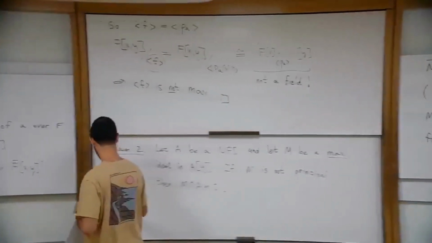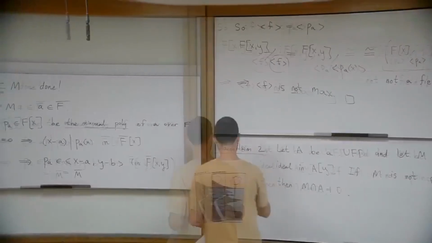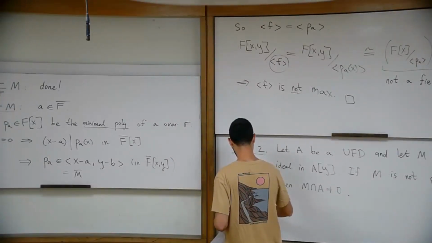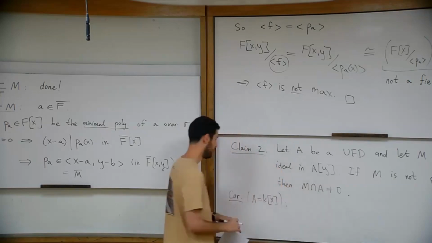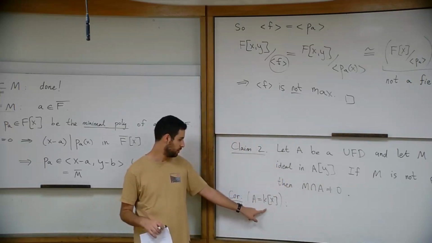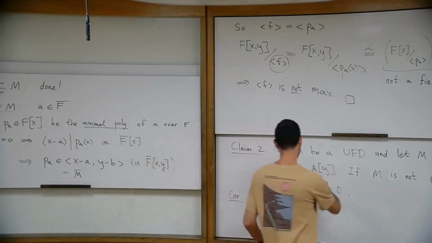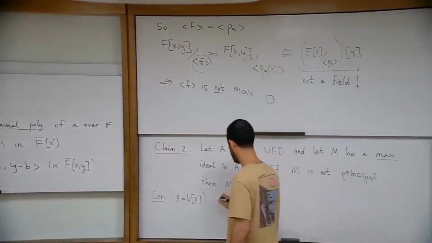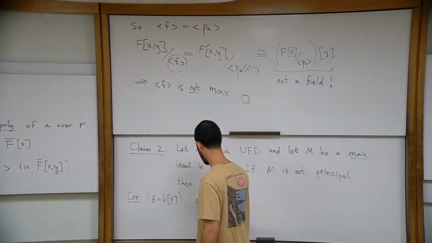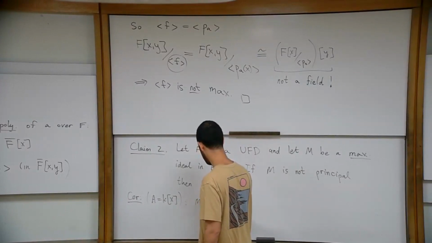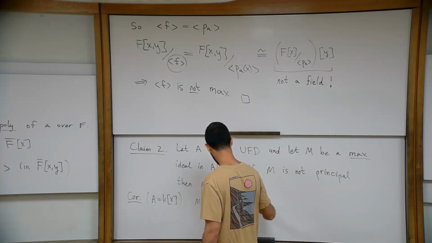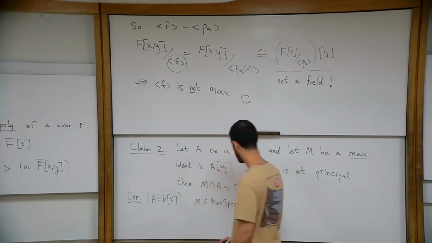So one corollary: we can take the UFD K[x], which is a UFD, and it follows that if M is a maximal ideal of K[x,y], right?